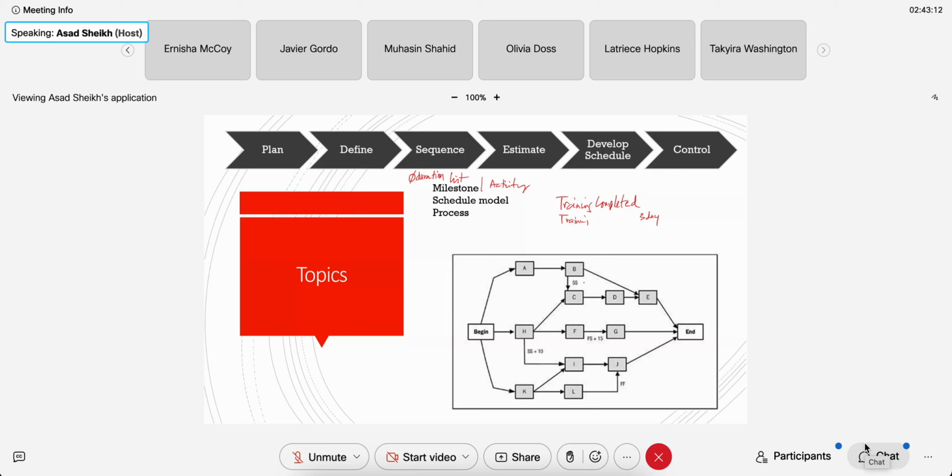So this will kind of show you a little bit about the network diagram. This is what they mean by network diagram. And it has tasks and these connectors that connect tasks. And in between, you can have a lag here.